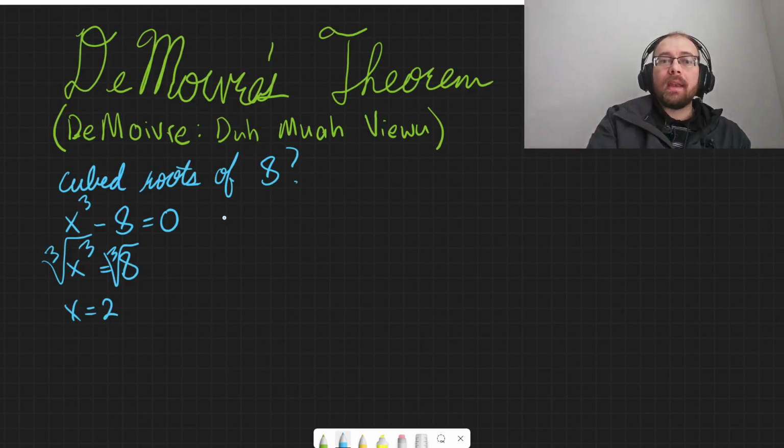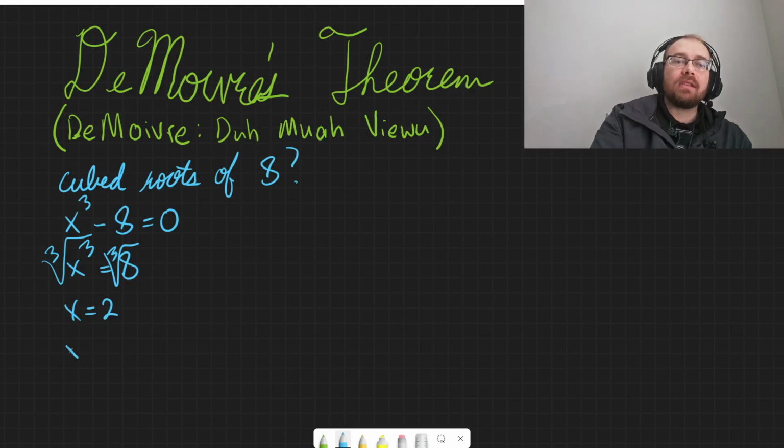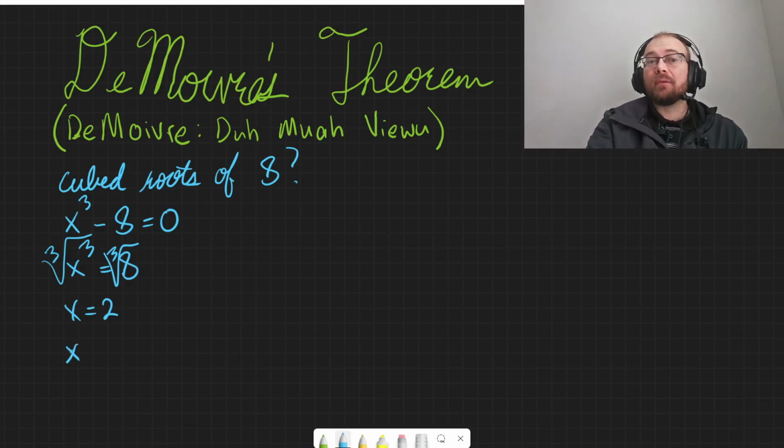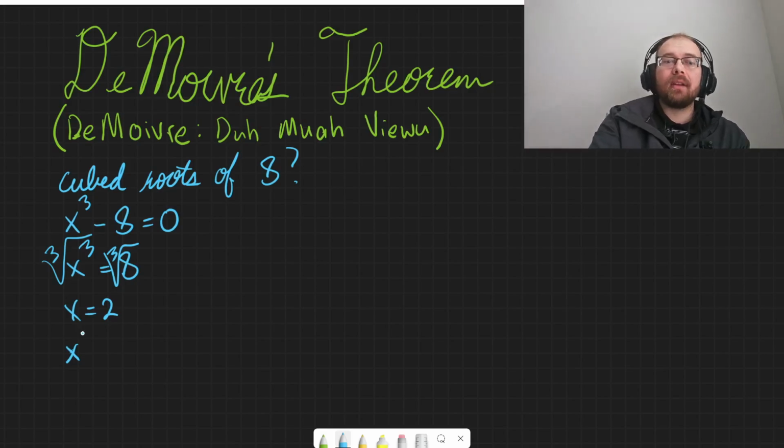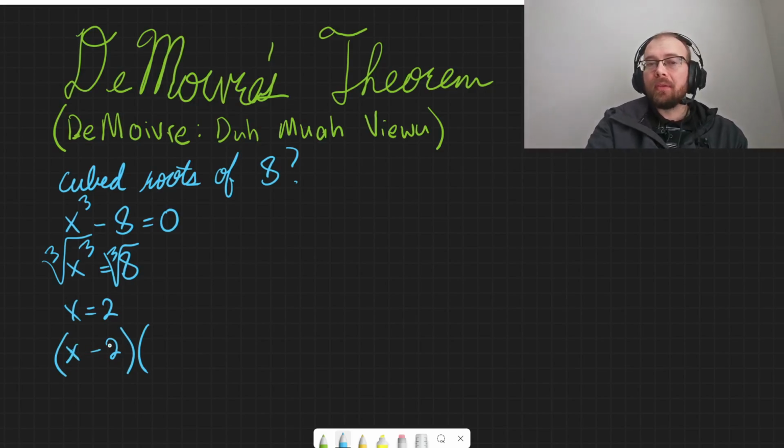Another way to get this without having to even use DeMoivre's theorem is if we use the difference of cubes factoring method, which is I take the cube root of x cubed and the cube root of 8. Then, to complete the difference of cubes factoring method, I take the first times itself.